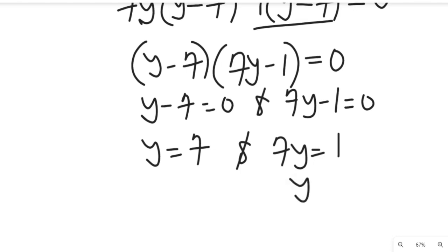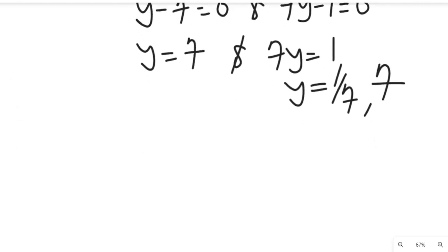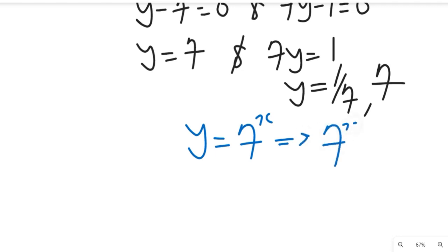So here, y will be equal to 1 divided by 7. Now recall that initially we said that our y is equal to 7 to the power of x.